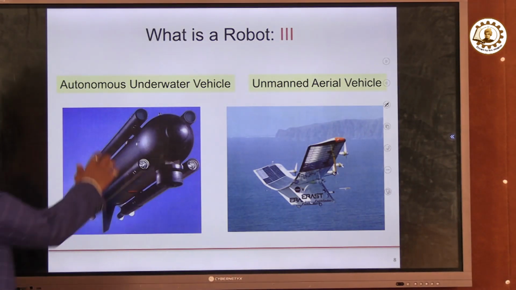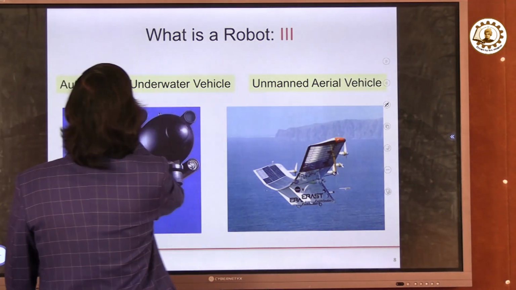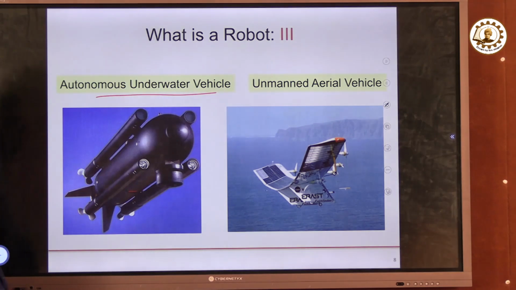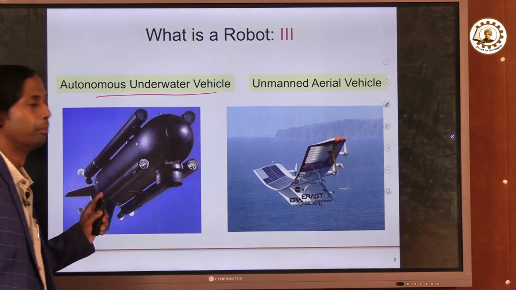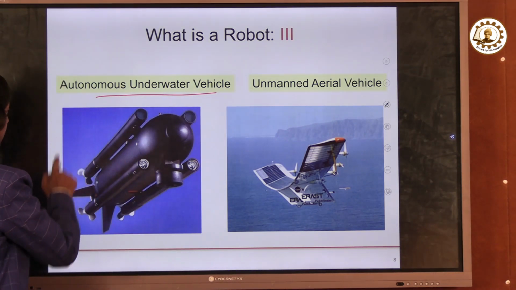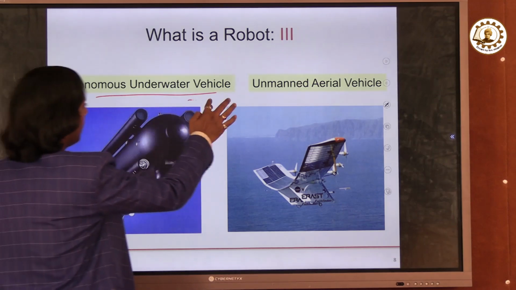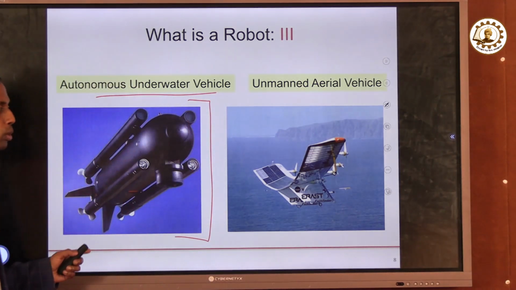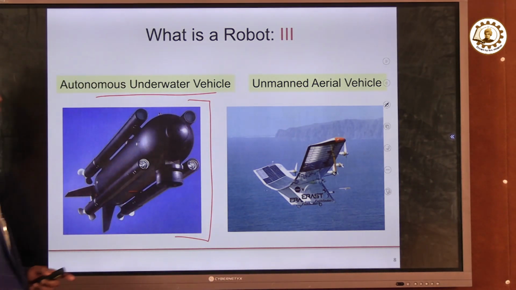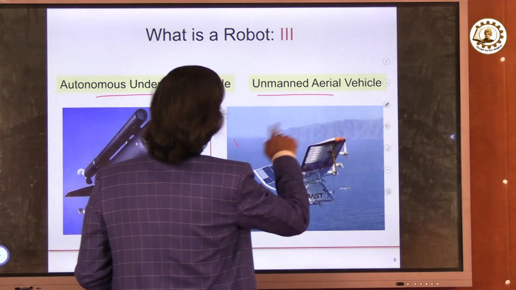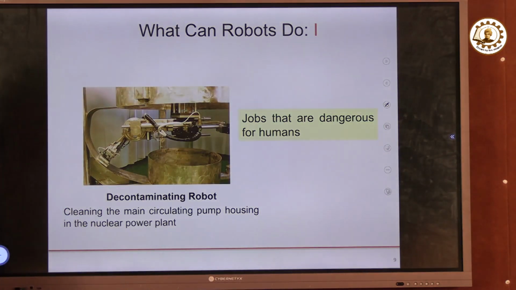Then autonomous underwater vehicle, it is used in many defense industries, and for Indian security purposes also. Unmanned air vehicle.